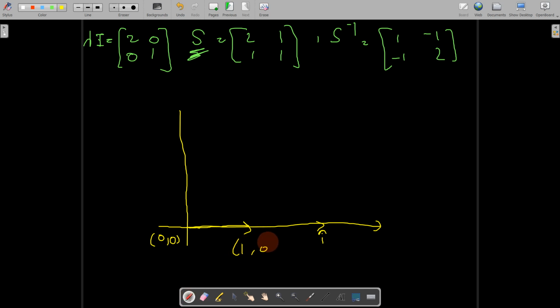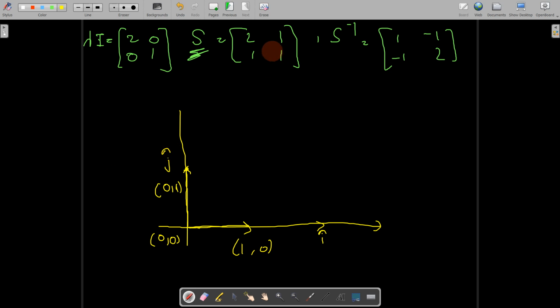And the unit vector along the y direction, the j cap direction, be 0 1. This is your original j cap direction.